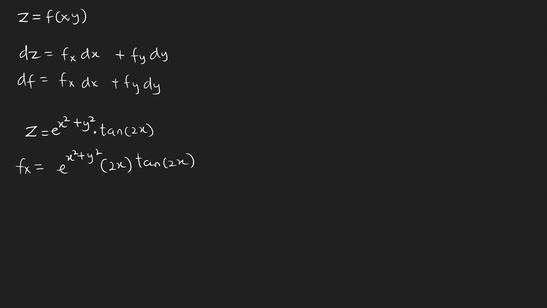Then from here, we keep e to the power x squared plus y squared, and we multiply by the derivative of tan 2x. Differentiating tan 2x gives us sec squared 2x. Then we multiply by the derivative of 2x, which is 2.